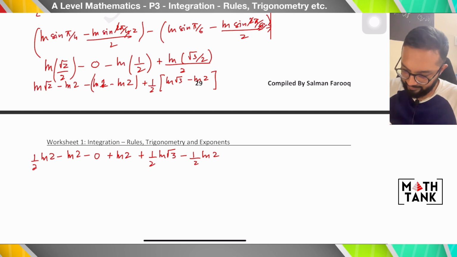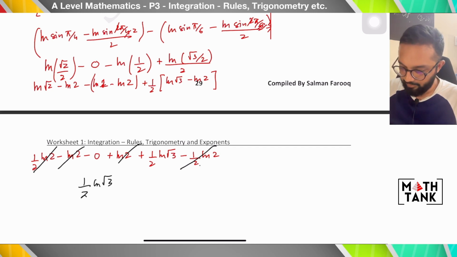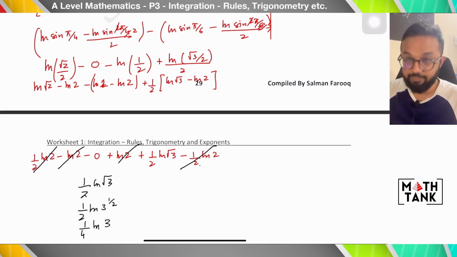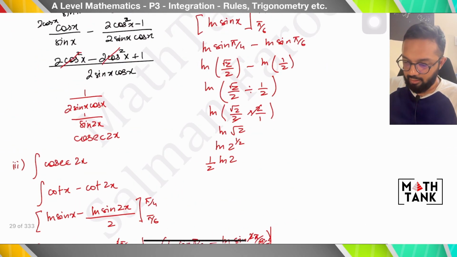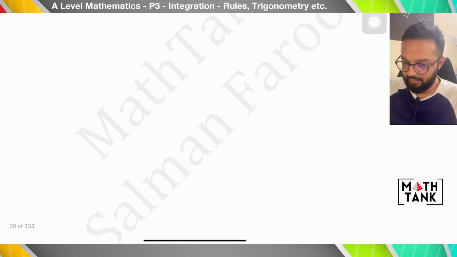I see some things cancelling out, so I'm left with half ln root 3, which is half ln 3 power half, 1/4 ln 3. Okay, yes, that was the correct answer.